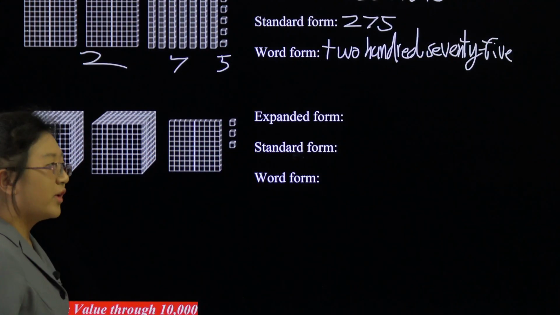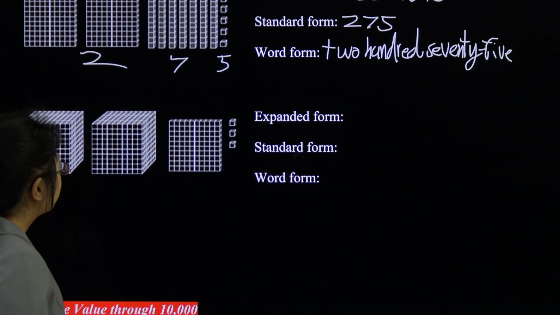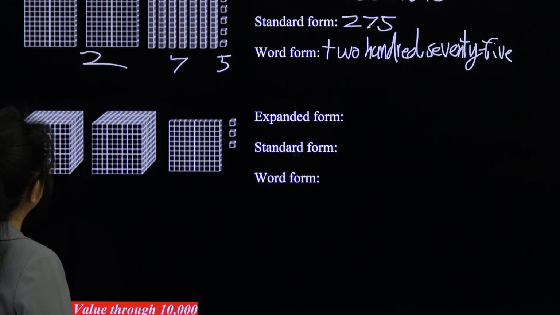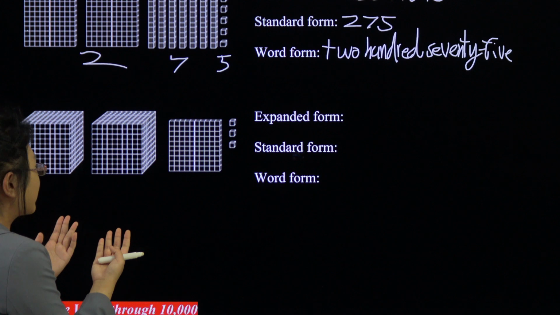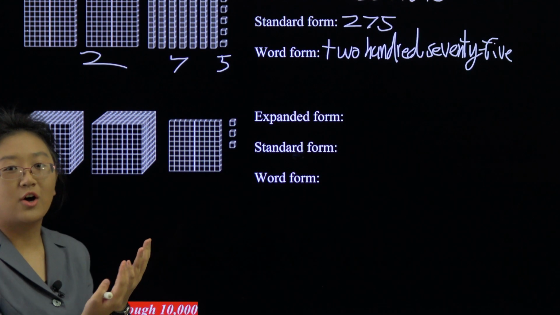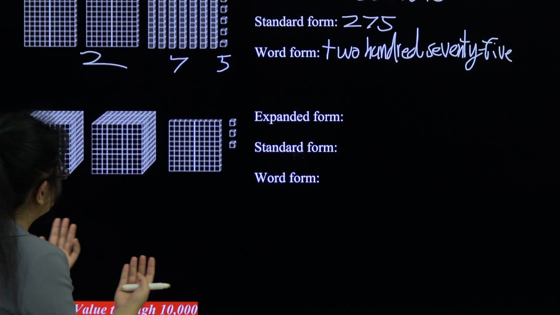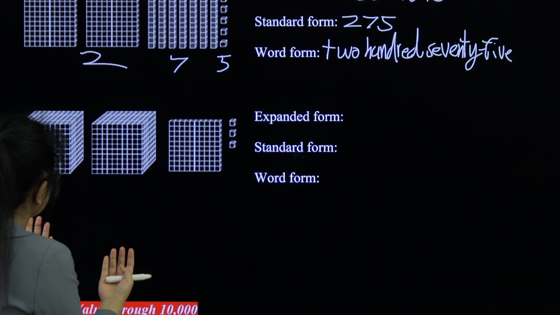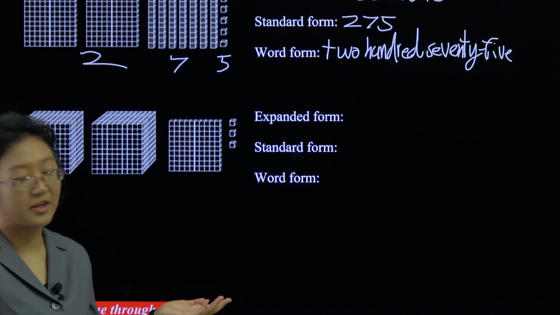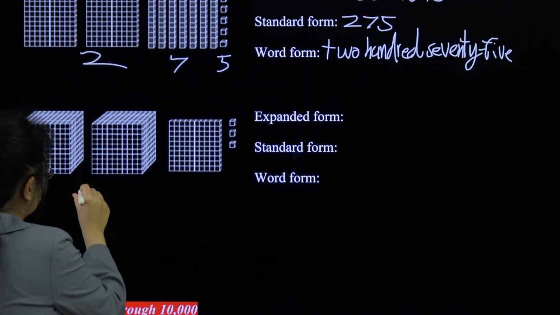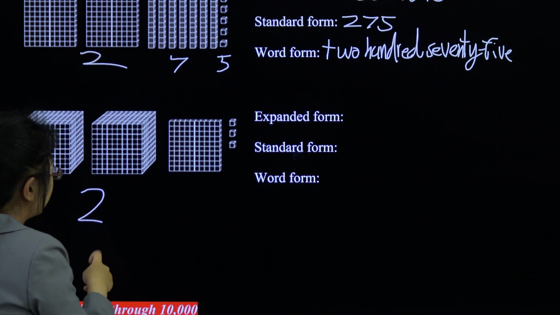Continuing, we move on to the last question of the section, where we have 2 thousand blocks. I'm very tempted to just call them thousand bricks. Technically they're cubes, but then again, bricks can be cubes. So we write 2.